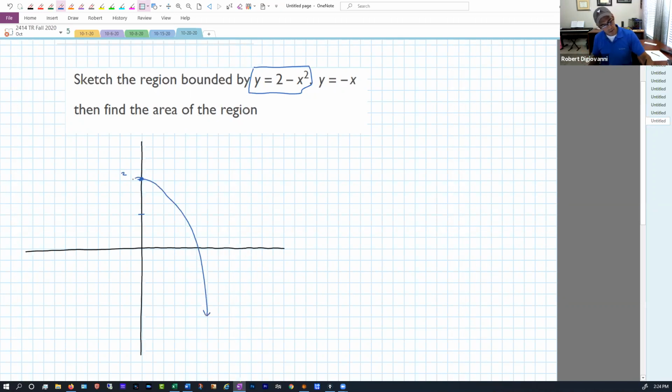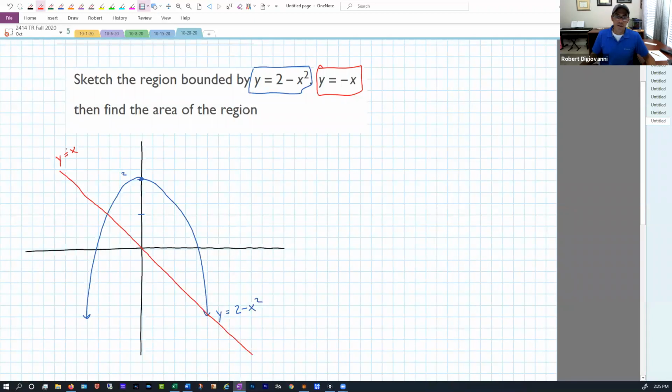Here's my parabola. That's y equals 2 minus x squared. Now the other one is going to be y equals negative x. I'm going to do that one in red. Y equals x is the diagonal, which we call the identity function. This is just that with a slope of negative 1, so it should look like this.